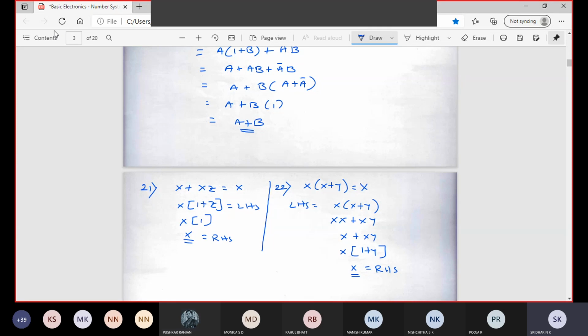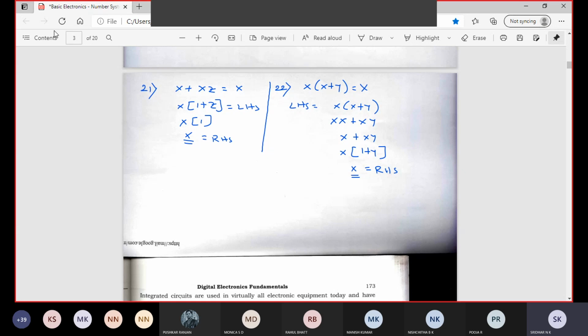Law number 23. Xy plus yz plus y bar z is equal to xy plus z.